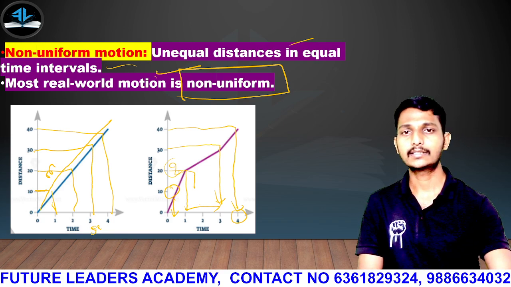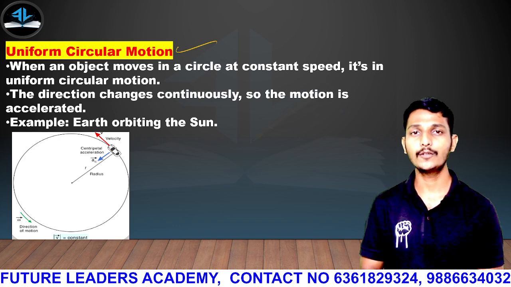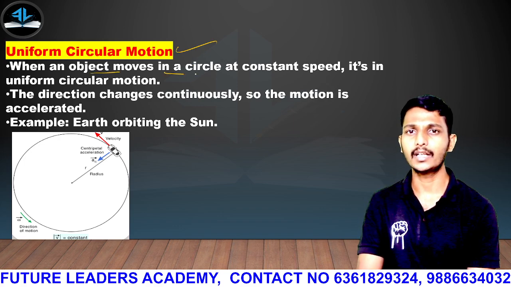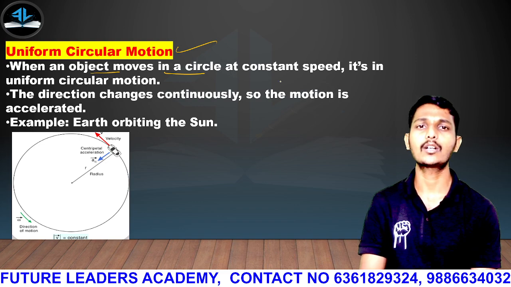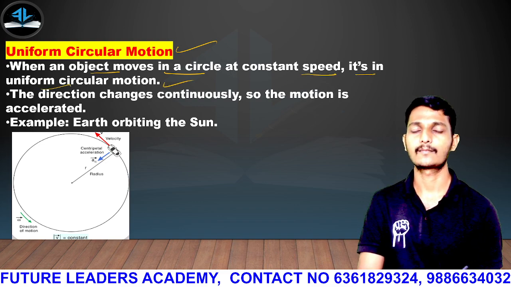Clear. Next thing, uniform circular motion. When an object moves in a circle at a constant speed, it is in uniform circular motion.